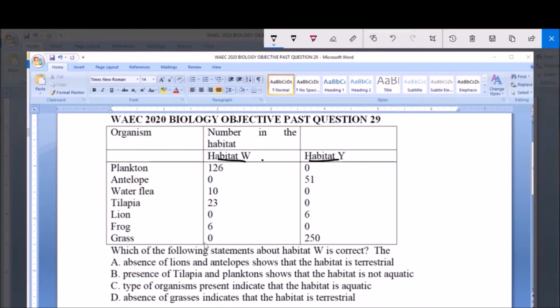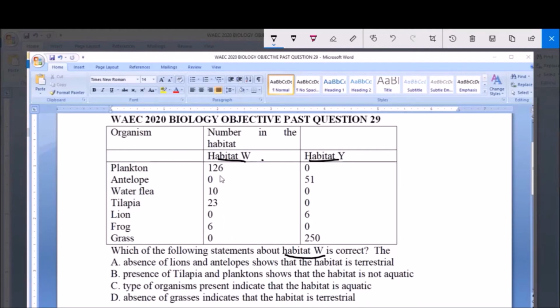Now, we are asked to note habitat W, and from the population of the organisms given to us, we are to determine what type of habitat it is. So let's look at it. Now, option A, absence of lions and antelopes shows that the habitat is terrestrial.